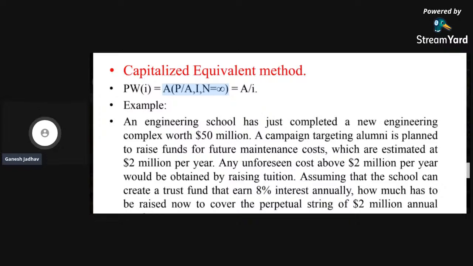At the time of starting, they invest the 50 million, but through the campaign targeting the alumni, they can give the campus 2 million per year. Any unforeseen cost of 2 million per year is obtained by rising tuition also. Assuming the school creates a trust fund at 8% interest per annum.